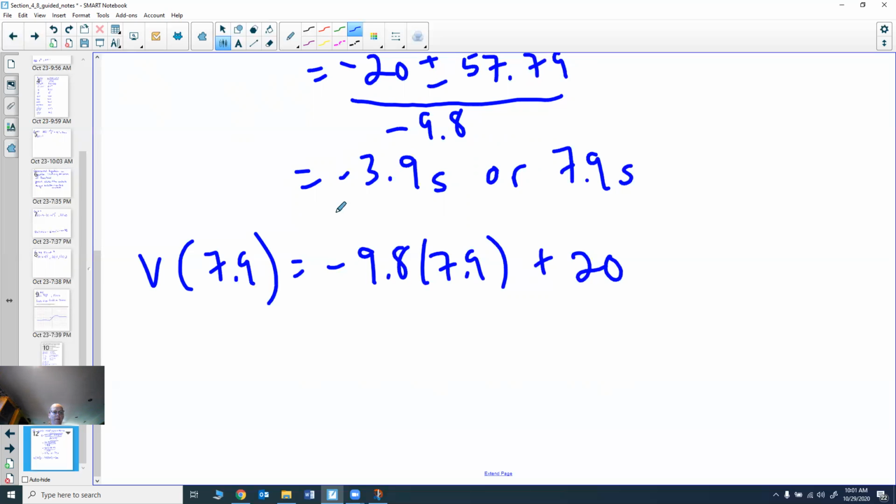And I get that the velocity when it hits the ground is negative 57.42 meters per second. The negative is because it's going downward. That's all that negative sign means. You don't want to get hit by that stone. So this is why they say don't throw stones at the canyon, because you could seriously hurt or kill somebody if they got hit by a stone going that fast. And that's antiderivatives.